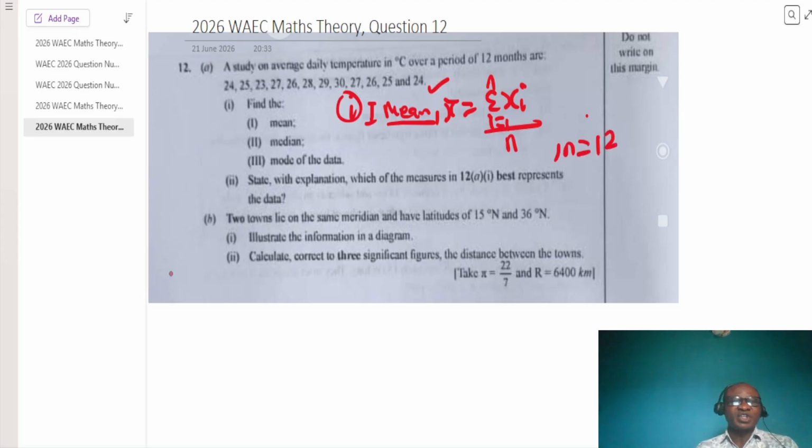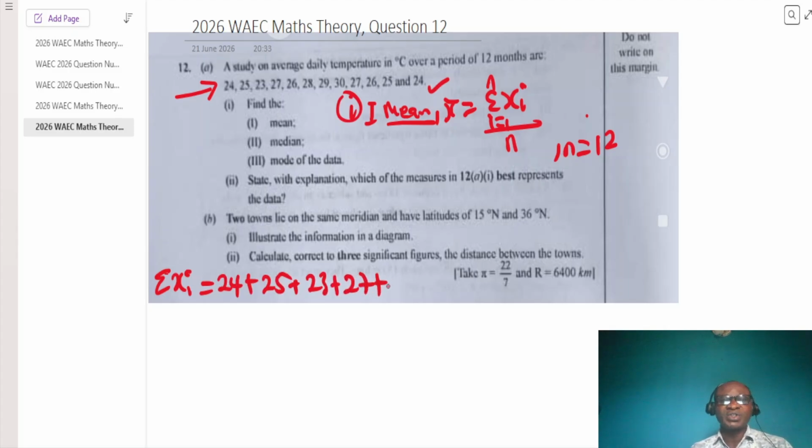But let us find the sum of the xi. The values are given. I am picking from this data here. So I'm adding all the numbers: 24 plus 25 plus 23 plus 27 plus 26 plus 28 plus 29 plus 30 plus 27, then plus 26 again, plus 25, and then plus 24.